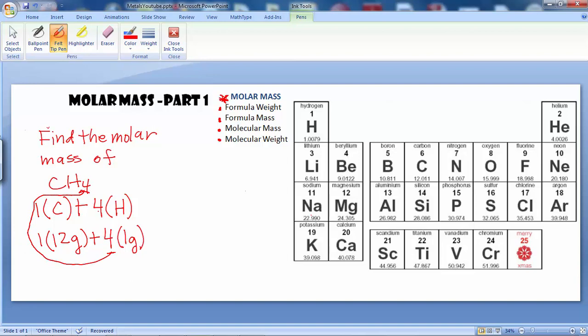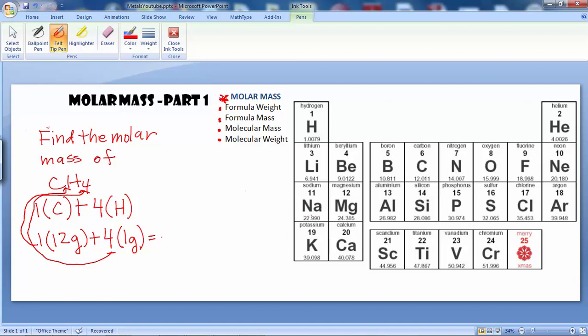I'm writing this 2 different ways so you can see exactly what I'm doing. And this 1 corresponds to 1 carbon atom. When we have the subscript of 1, we omit it from notation, so we don't write it. So the total molar mass for CH4 would be 12 grams plus 4 times 1 gram.